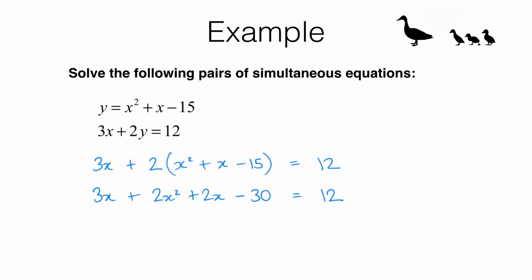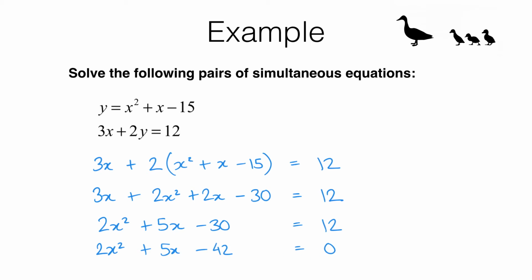Now, on the left-hand side, I can collect these like terms. I've got a 3x plus a 2x. So I'm going to have 2x squared plus 5x minus 30 equals 12. What I can also do is subtract 12 from both sides. So that's going to give me 2x squared plus 5x minus 42 equals 0. Here I've got a quadratic equation.